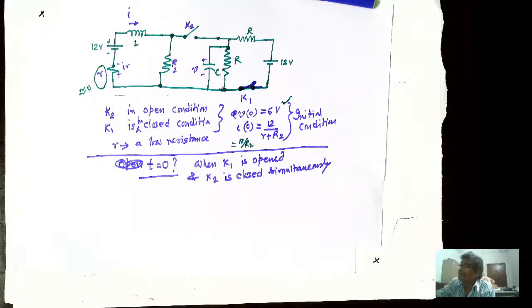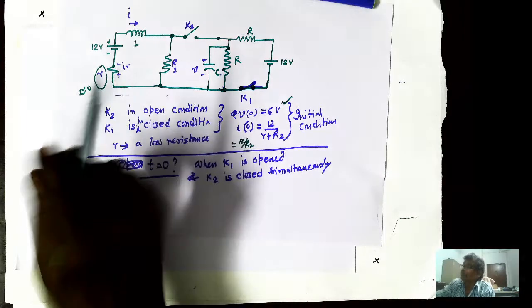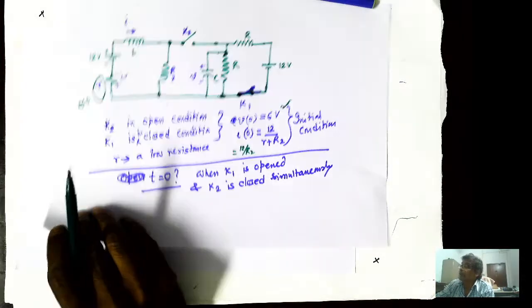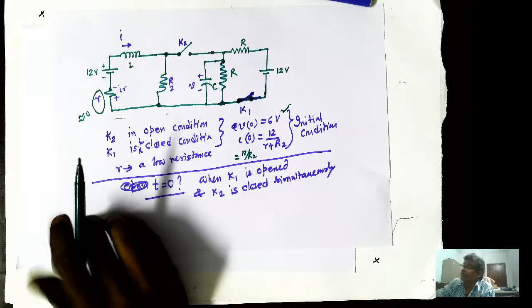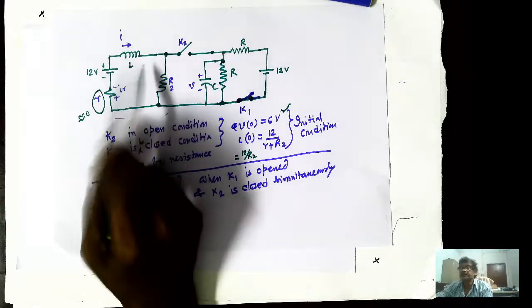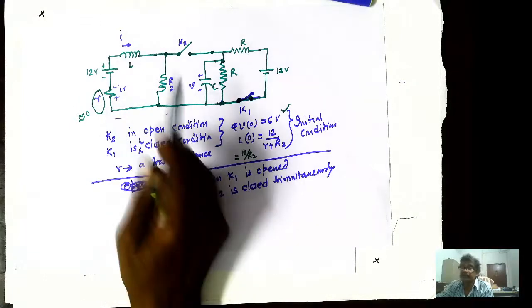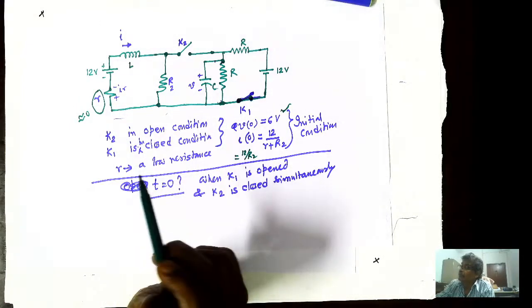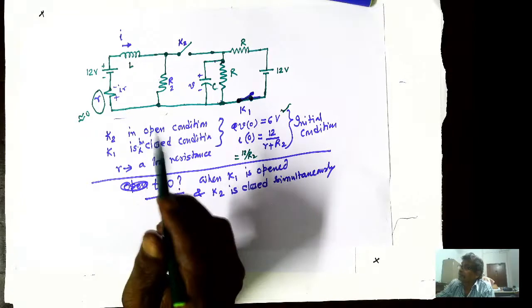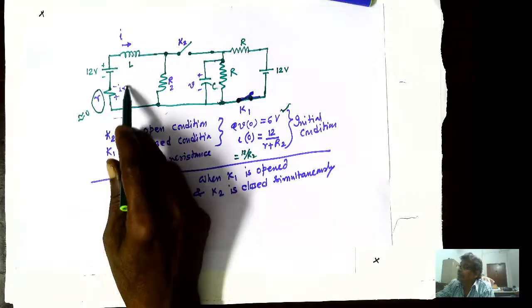Why this small resistance is connected is to see the current waveform in the inductor after the transient is initiated by operating these switches. So this drop is negligibly small.